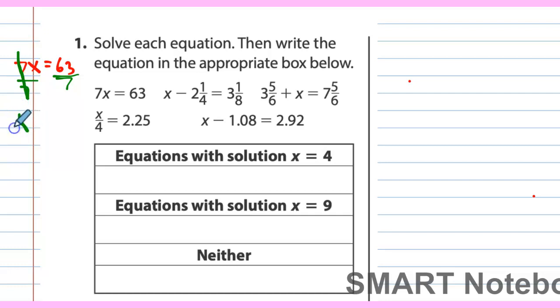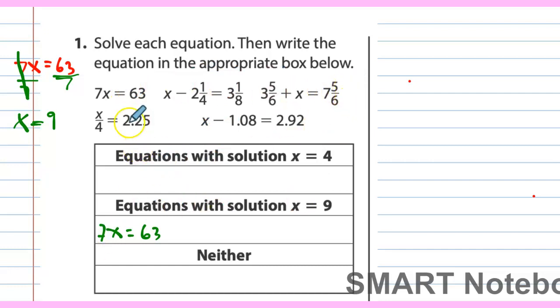So x will be, we know that 63 divided by 7 is 9. Then we put the equation 7x equals 63 here, because it asks you to write which equation belongs to the given solutions.